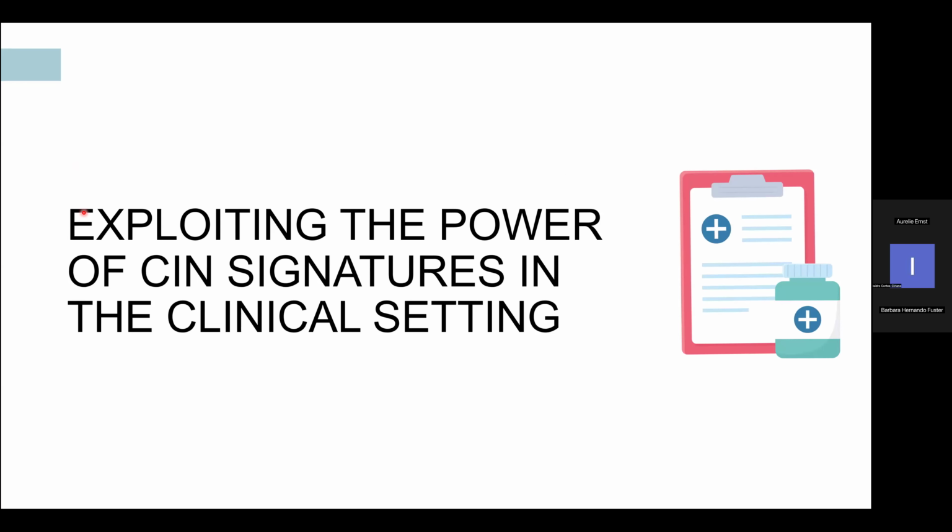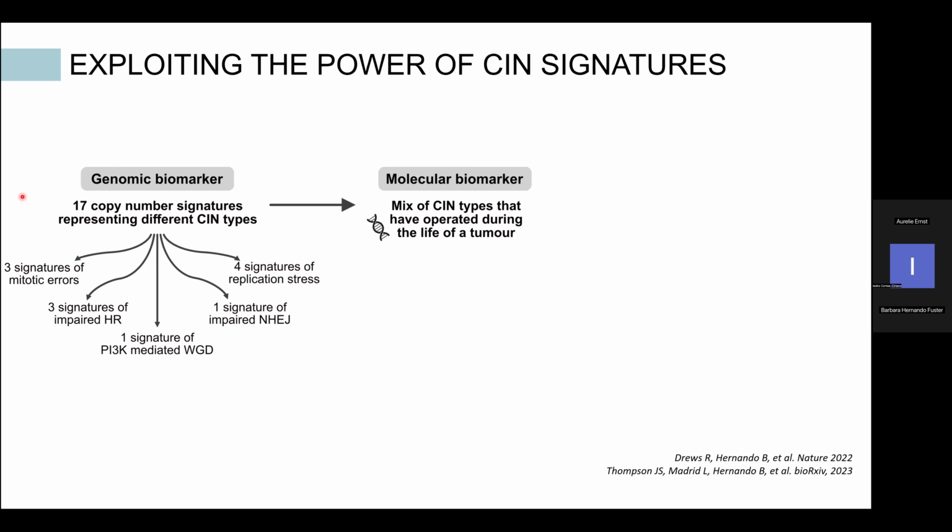So, well, I already told you that we have this compendium of signatures, and given that these signatures can be easily measured in tumor genomes, our next step was to assess the utility of those signatures in the clinical setting. So the idea is that we have these signatures that are like genomic biomarkers.